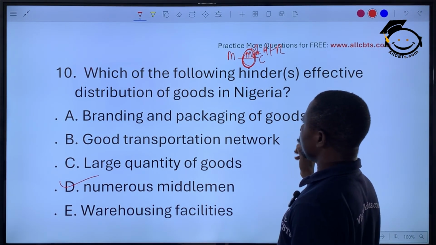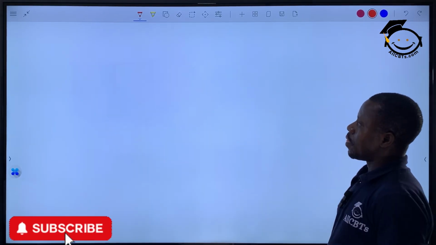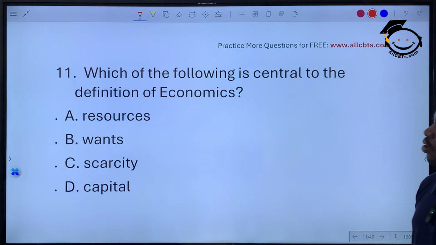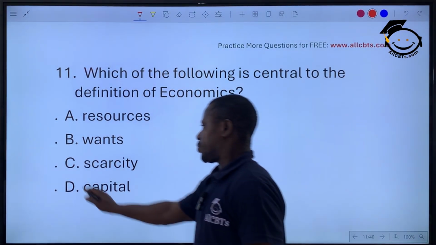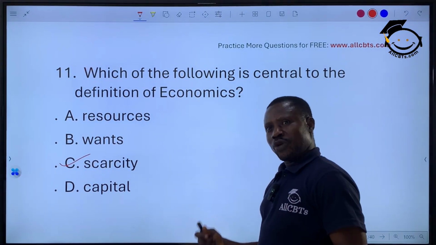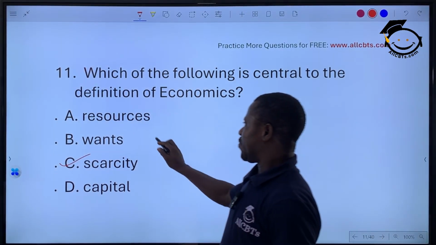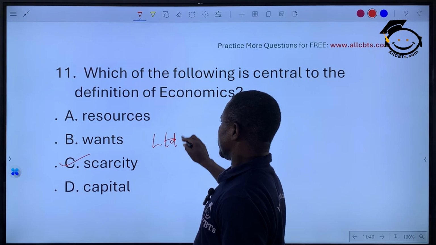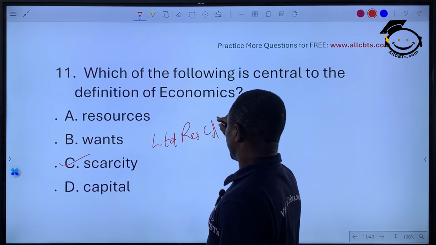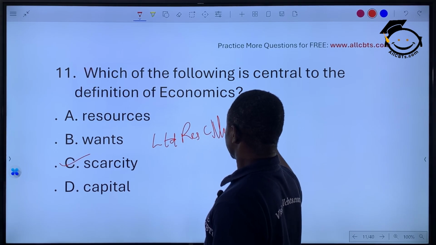The next question. Which of the following is central to the definition of economics? Resources, wants, scarcity, capital. Option C, scarcity. The reason why we do so much in economics is because we have limited resources chasing after unlimited wants.